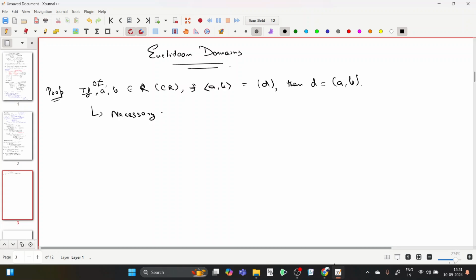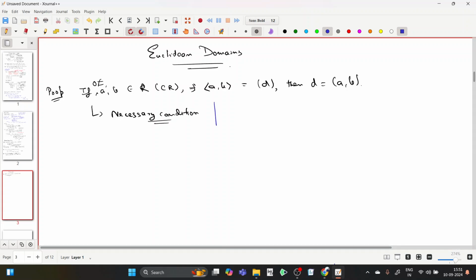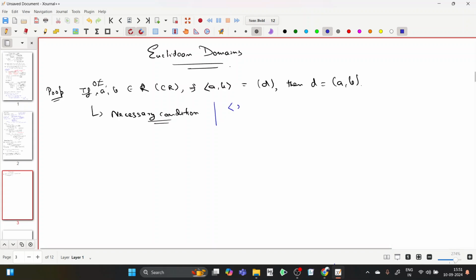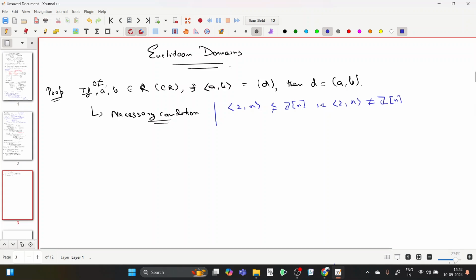And an immediate counterexample to the sufficiency of this condition is the ideal generated by 2 and x in Z[x]. Previously we had observed that this is a proper ideal, that is, the ideal generated by 2 and x is not equal to Z[x] at any cost.